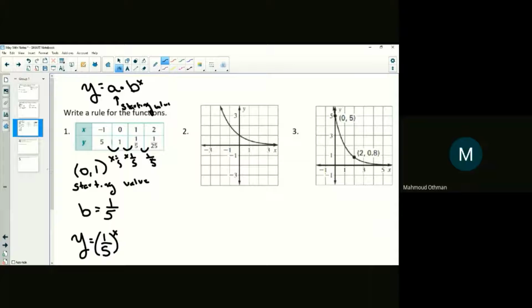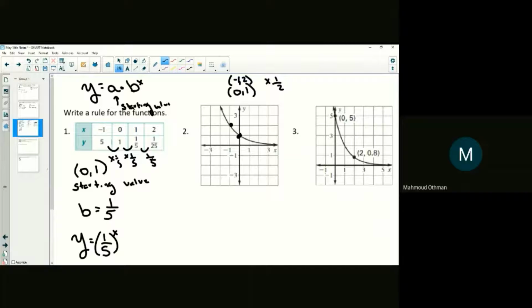Second one. Take a look at my points. It looks like I got the point (0, 1). Then it looks like (-1, 2). For me to get from 2 to 1, I have to multiply by 1/2 or divide by 2.